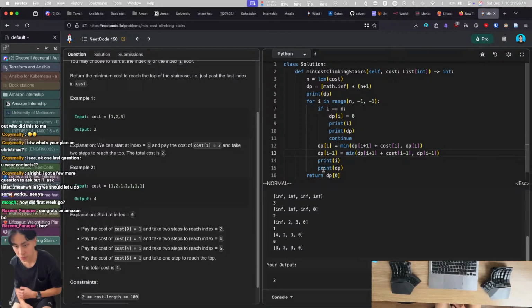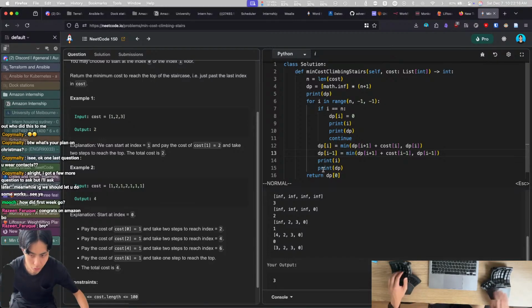What does that tell me? It means you're taking the cost of the 3. And then the dp of that.